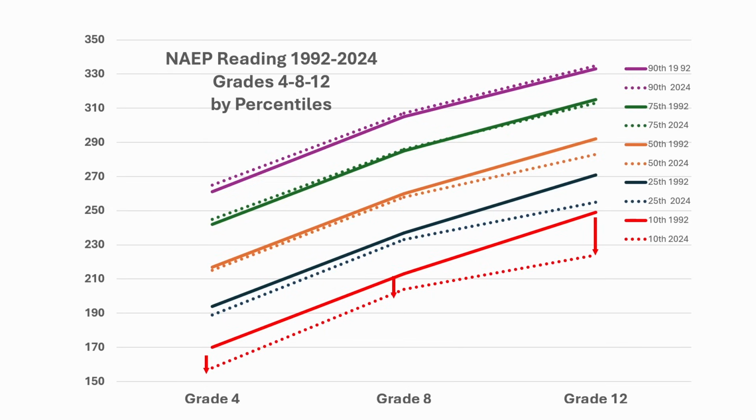The drop at the grade 4 level would suggest a breakdown in the implementation of the science of reading interventions that are targeting grades K through 4 and emphasize phonemic awareness, phonics, fluency, vocabulary, and comprehension.